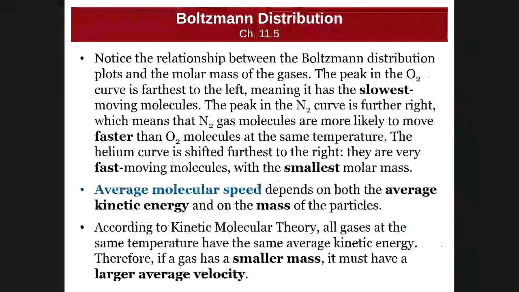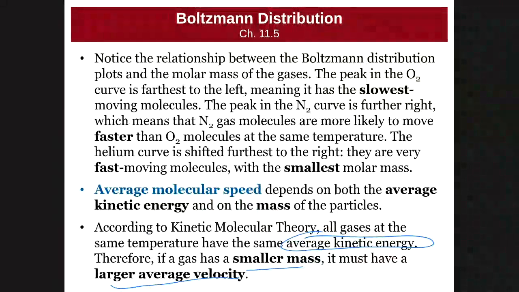So average molecular speed depends on the kinetic energy and the mass of the particles. According to our molecular theory, if all gases have the same temperature and the same average kinetic energy at that temperature, that means that when there's a smaller mass, there has to be a larger velocity to balance out and get the same kinetic energy.